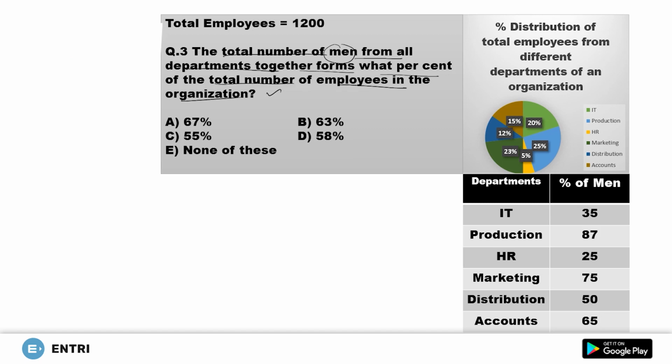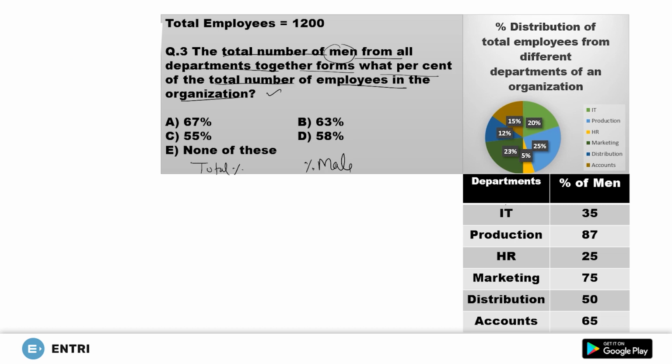So in IT department, what is the total percent? Percent is 20. And in IT department, what is the percentage of male? Let me write this here actually. This one is total percent, and these are percentage of male.